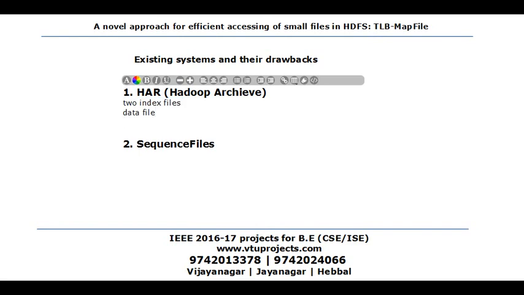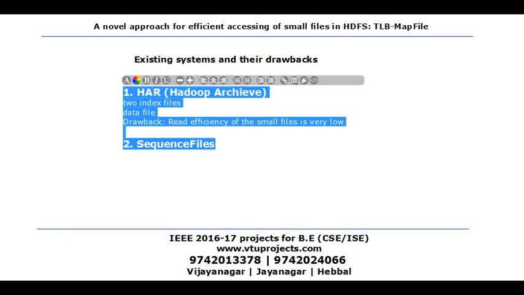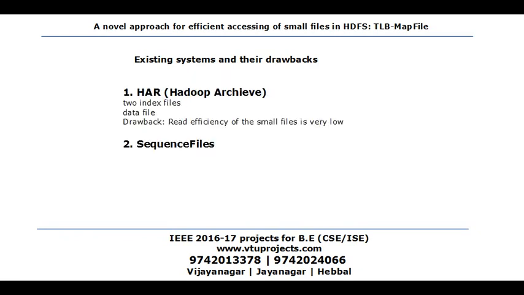When we try to read the data using this technique, it has to read two index files and one single data file. So the read efficiency of the small files is still very low. I will just mention that the read efficiency of the small files is very low. It provides a solution for storing the small files efficiently, but reading those small files is still very low. So this is the drawback of the first existing system.